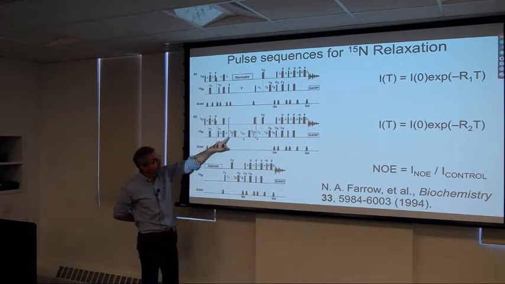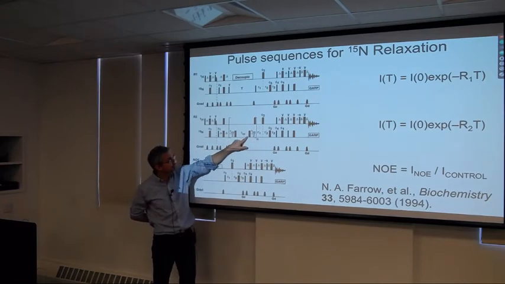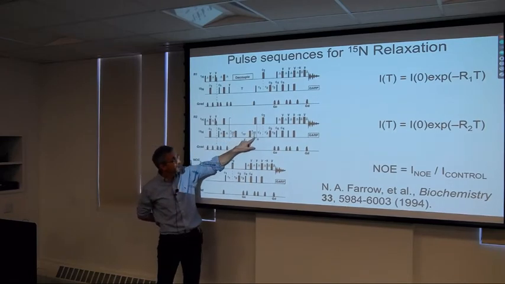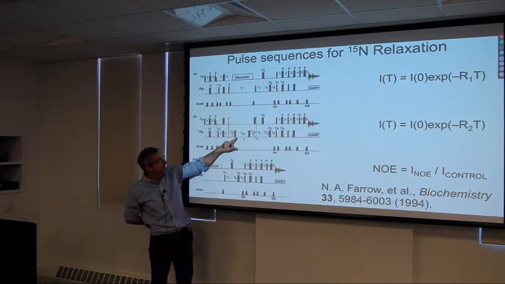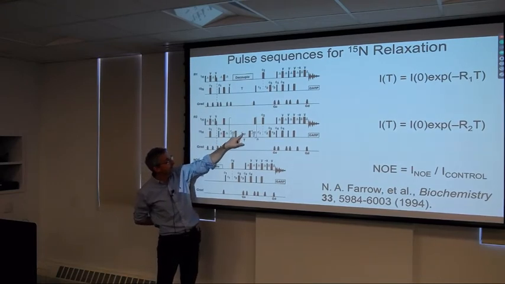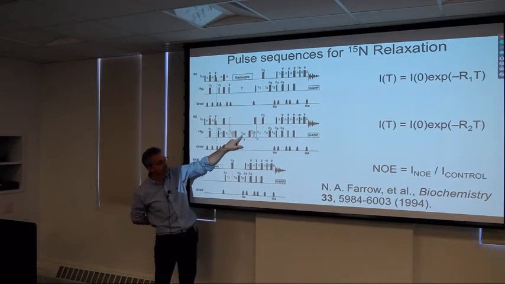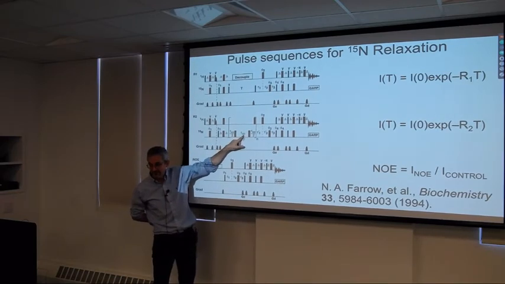Here, the effect of where you put the pulse is very important. You might think we could do it at, for example, why don't I do it here? This is at the end of one spin echo, here's the next spin echo.